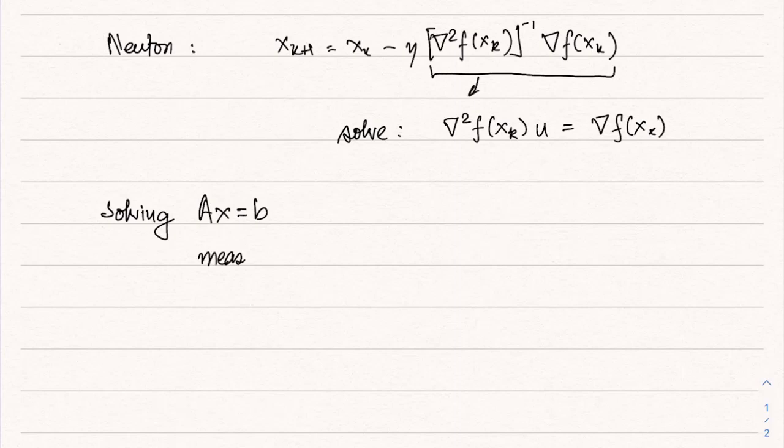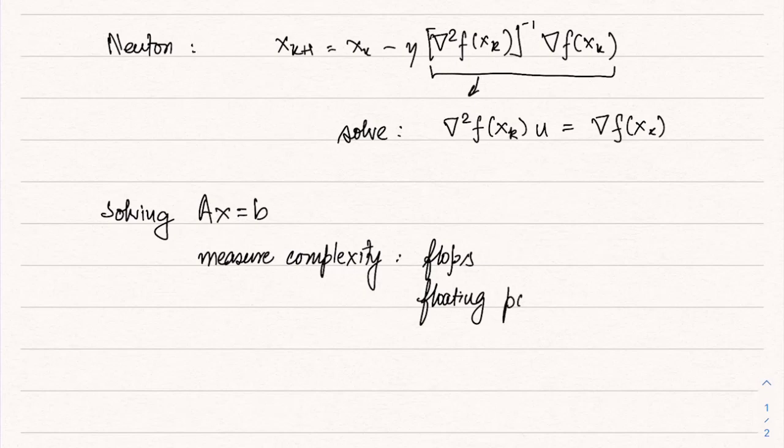We can measure the complexity by using the notion of flops. Flops means floating point operations per second. This flops is a terminology that comes from computers.